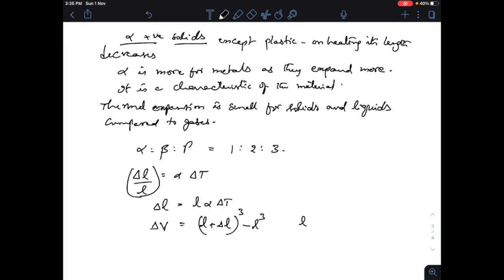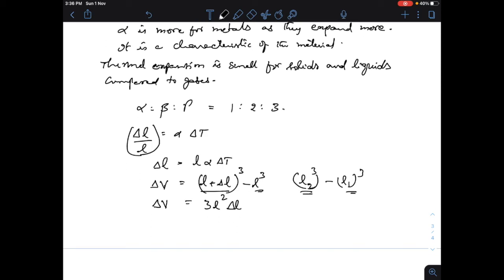Which means I am writing L2 cube minus L1 cube, where L2 is L plus delta L, L1 is normal L. So when we expand, delta V is equal to 3L square delta L.